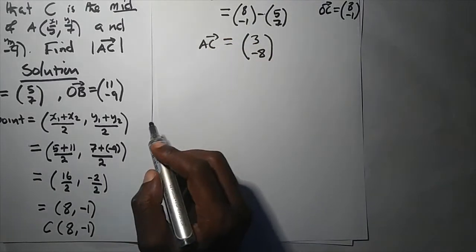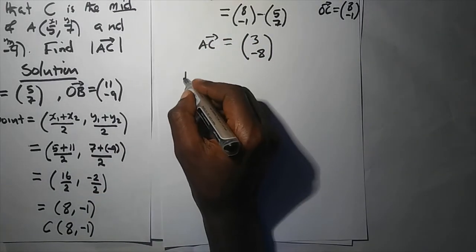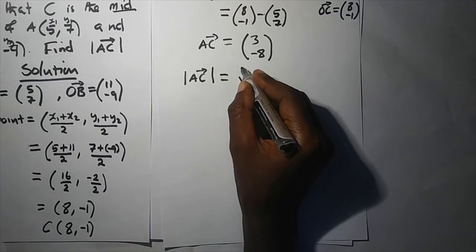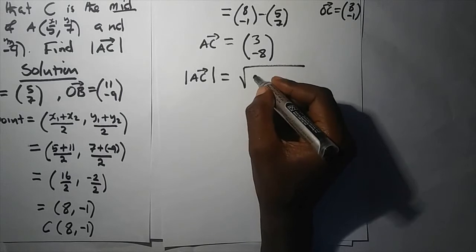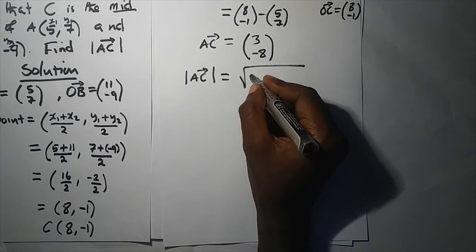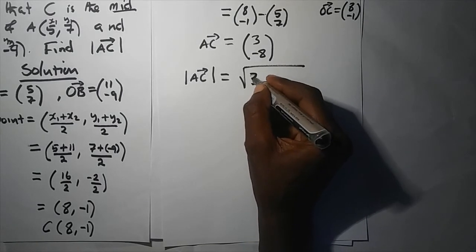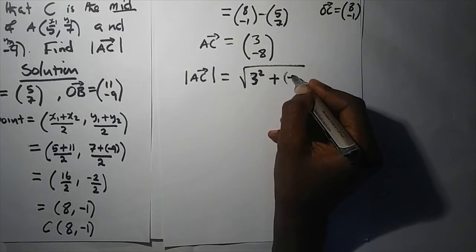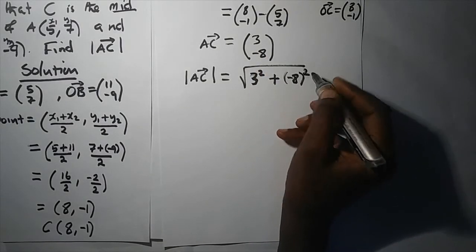The next step now is to find the magnitude of AC. The magnitude of AC will be equal to the square root of 3 squared, this 3 here, plus -8 squared.